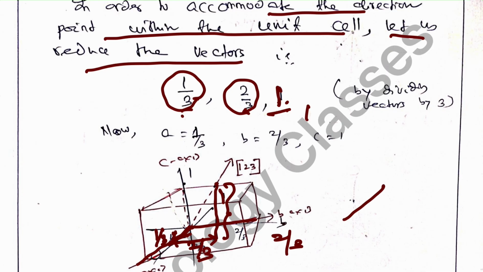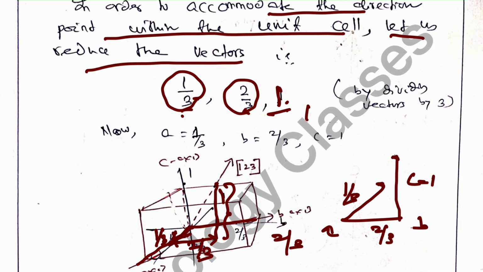So along A 1 by 3, parallel to B 2 by 3, parallel to C 1. So this is the origin point.